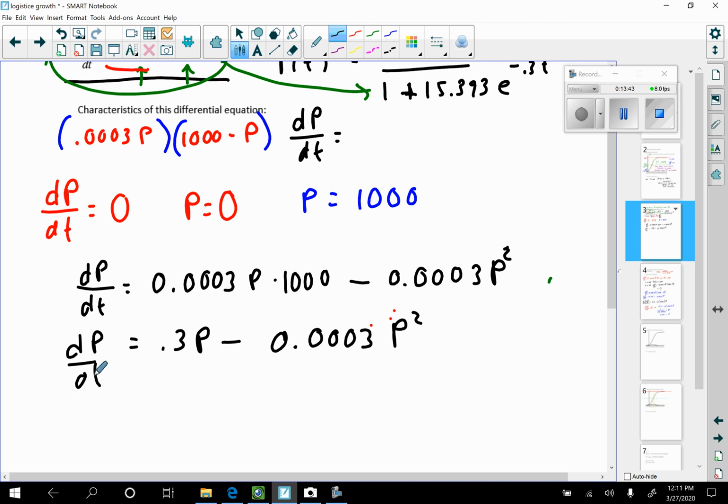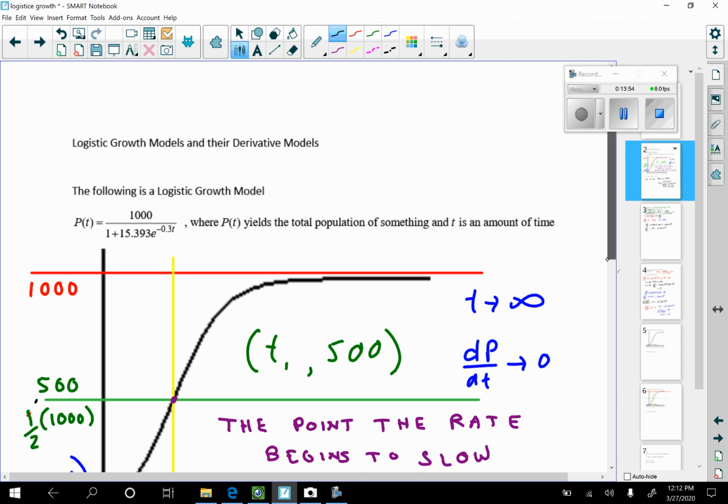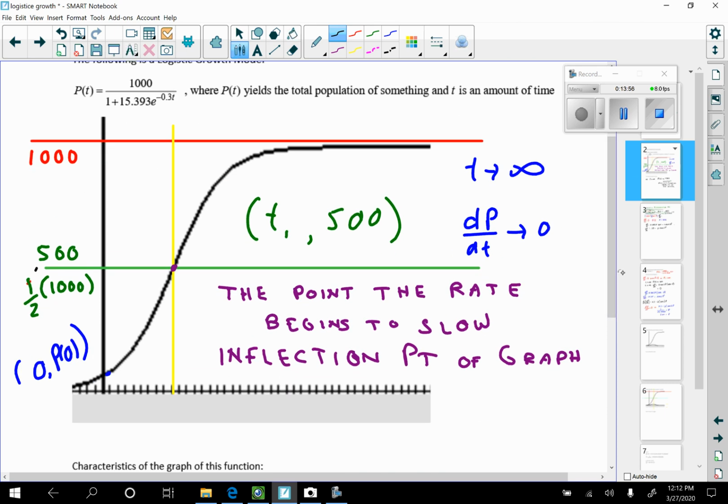And guess what we're going to do? What I said earlier in a previous video was that this inflection point is the point where the rate of change, i.e. dP/dt, increases and then starts to decrease.